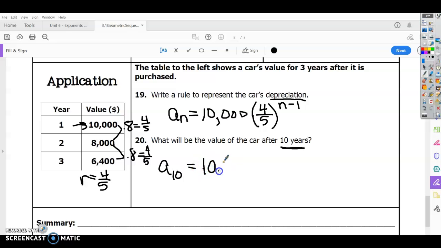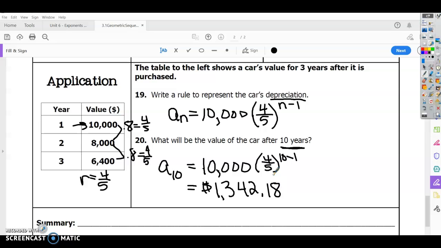We take 10,000, our original cost of the car, times the depreciation rate, 4/5, to the 10 minus 1 power. In your calculator, take 4/5 raised to the 9th power and multiply that by the $10,000. You'll find that your car is worth approximately $1,342.18 after 10 years. I hope this is beneficial, and I'll see you next time.